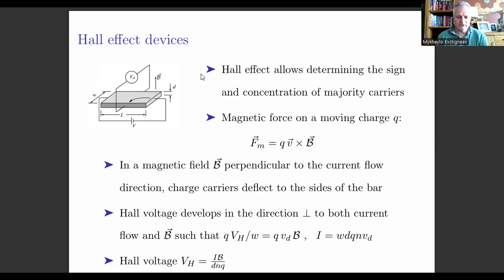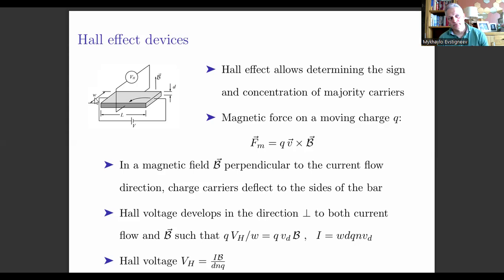Since we assumed that the semiconductor is of n-type, the majority carriers are electrons and they flow from right to left, so from this end of the bar to this end of the bar, in this direction opposite to the polarity of the voltage.